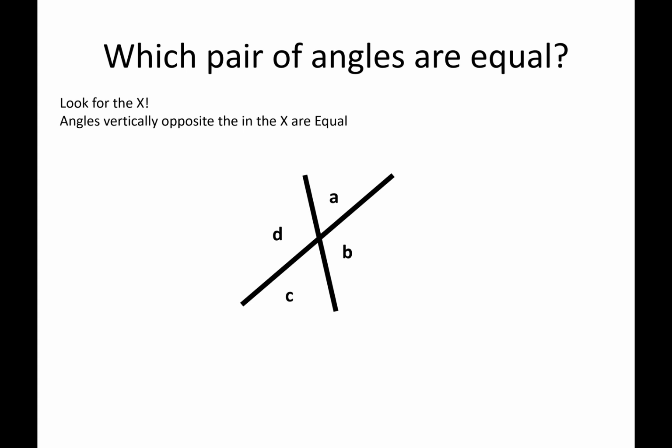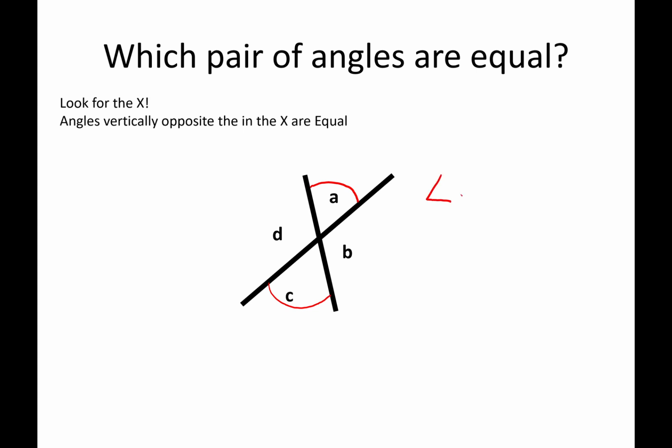Which pair of angles in the following diagram are equal? When finding equal angles, look for your X, and vertically opposite angles will be equal. So we have an X here, so the angles opposite in an X will always be equal.